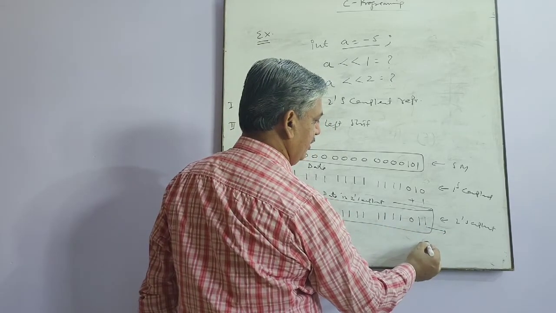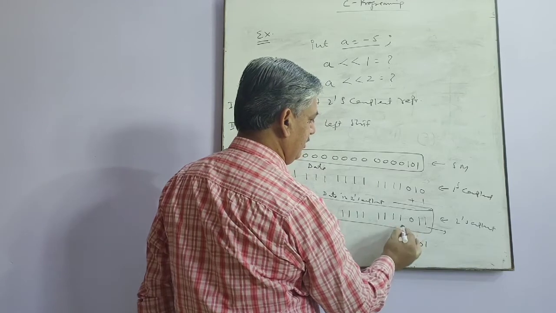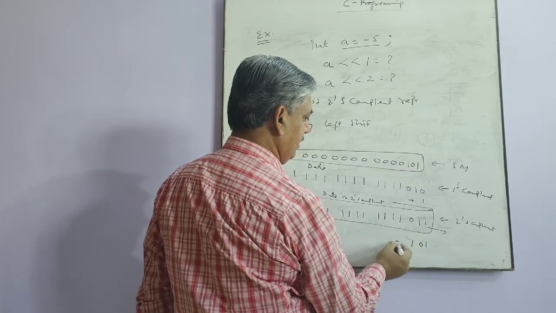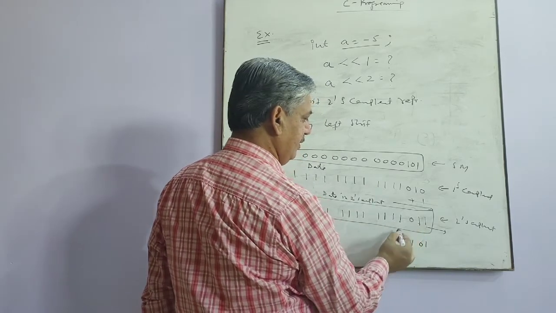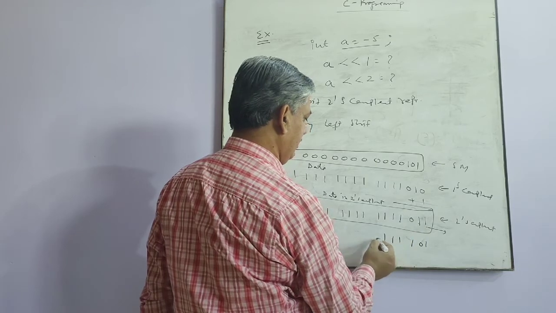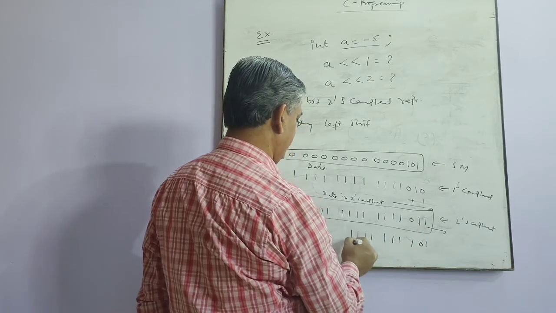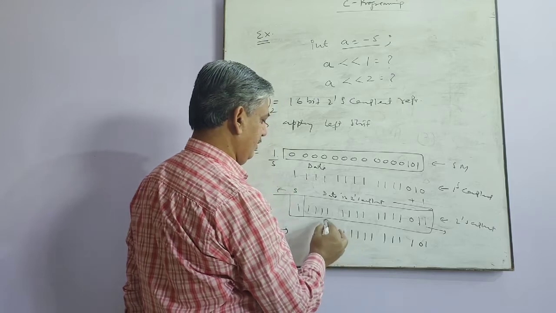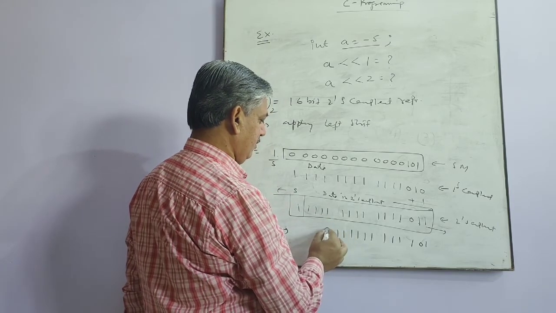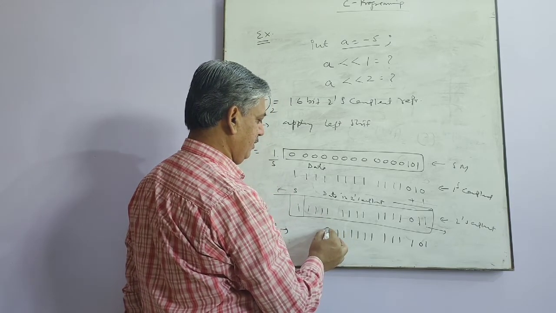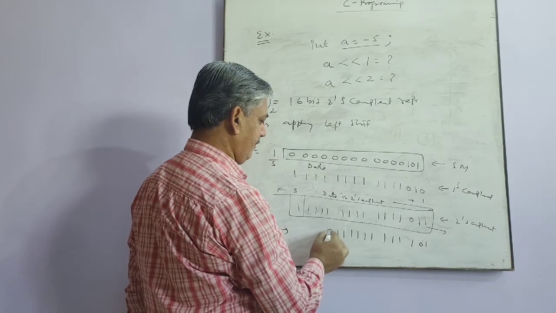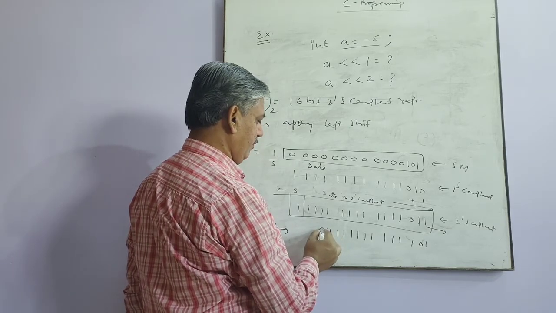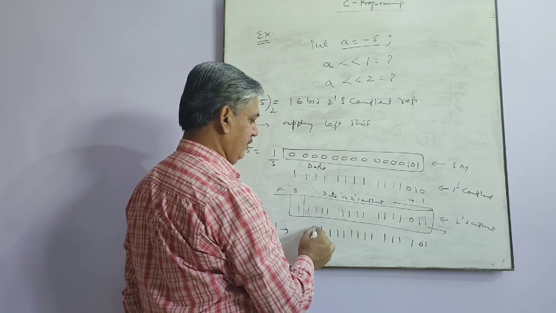You will get 1 0 1 and then the remaining 1s.